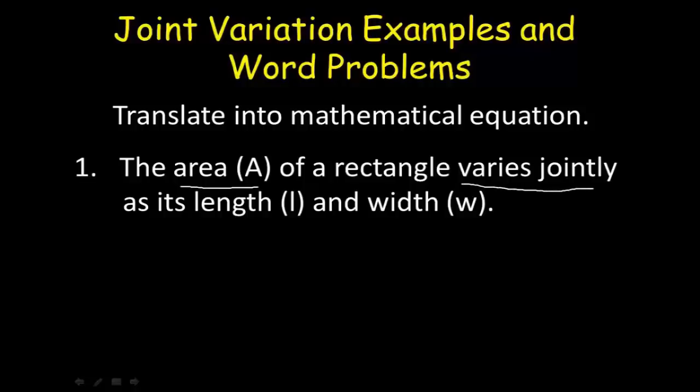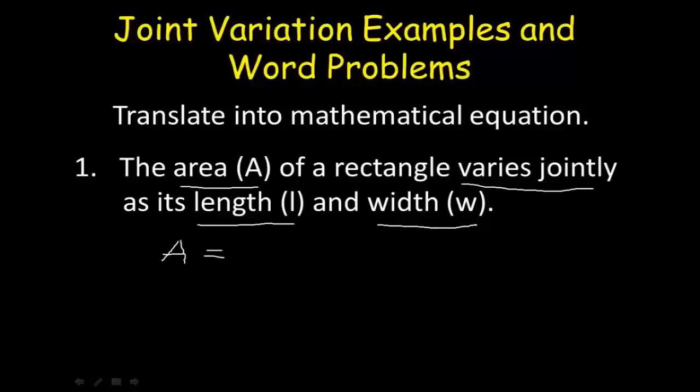Since it is the variable that varies jointly, this will be on the left side. So we have A is equal to, it varies jointly as its length L and width.